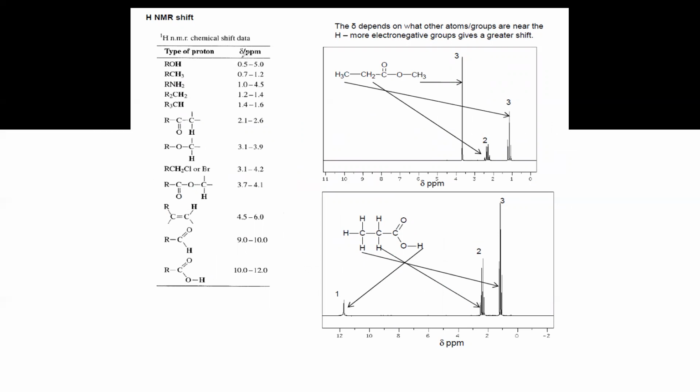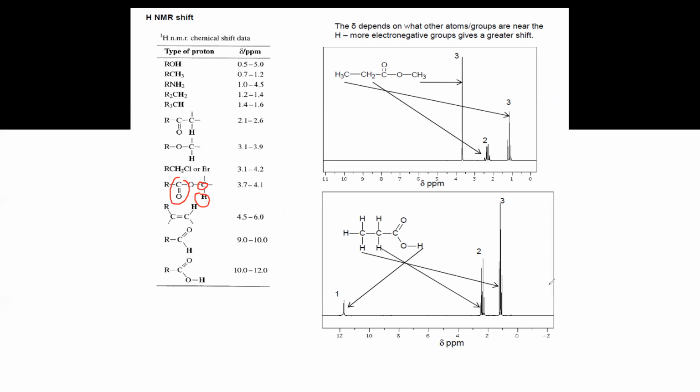So we will get a peak from the range. This is C double bonded with O, carbon is there with oxygen, and then hydrogen is attached to that carbon. So that will be 3.7 to 4.1.